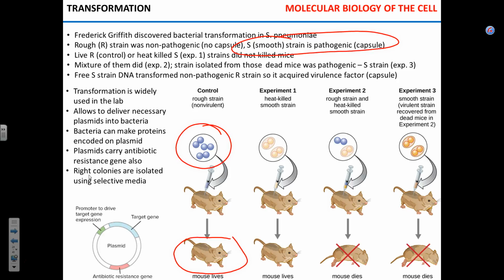So the first question that Griffith asked: if we inactivate, if we kill the pathogenic strain by boiling or irradiation, in this case it was heat, boiling, and inoculate dead microbes into the mice, what's going to happen to the mice?